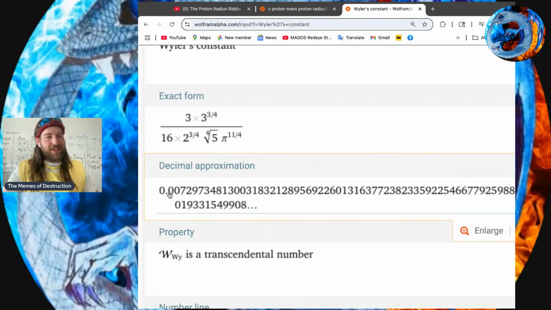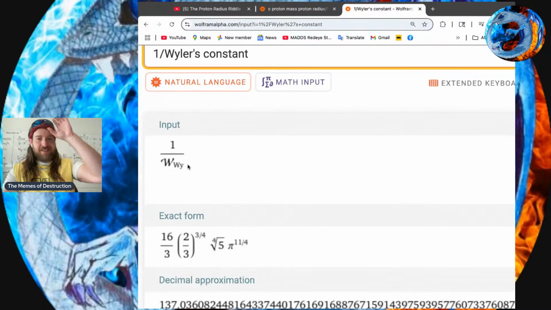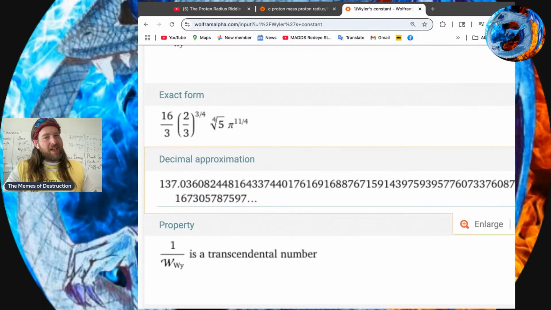And basically, as you can see, it gets 0.00729737 and so on. So if you just do 1 over that, you're going to get 137.0360. Okay. So now this gets the fine structure constant to 5 significant digits, and it actually approximates it quite well.